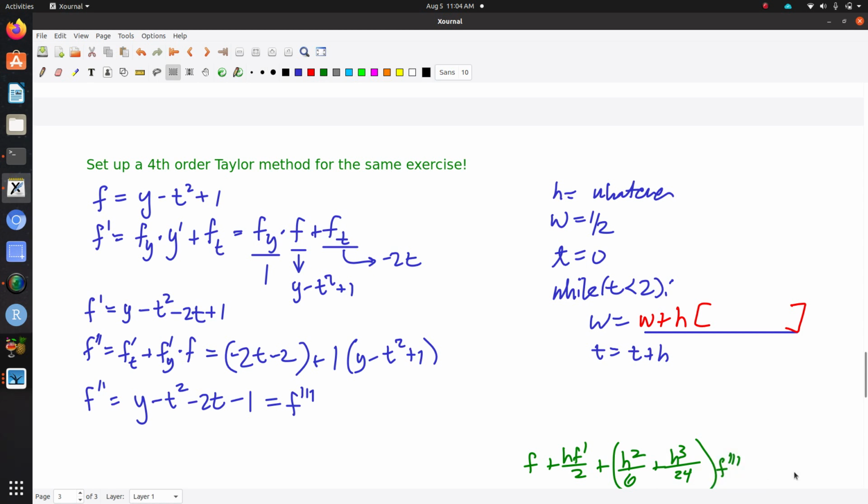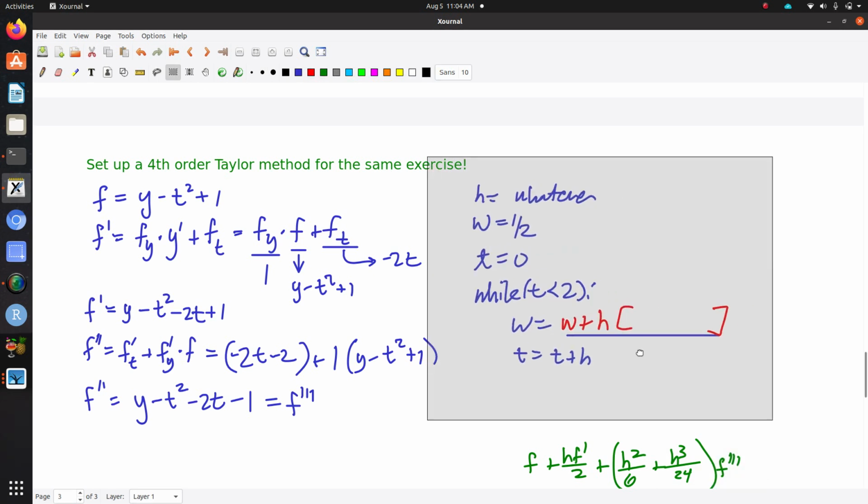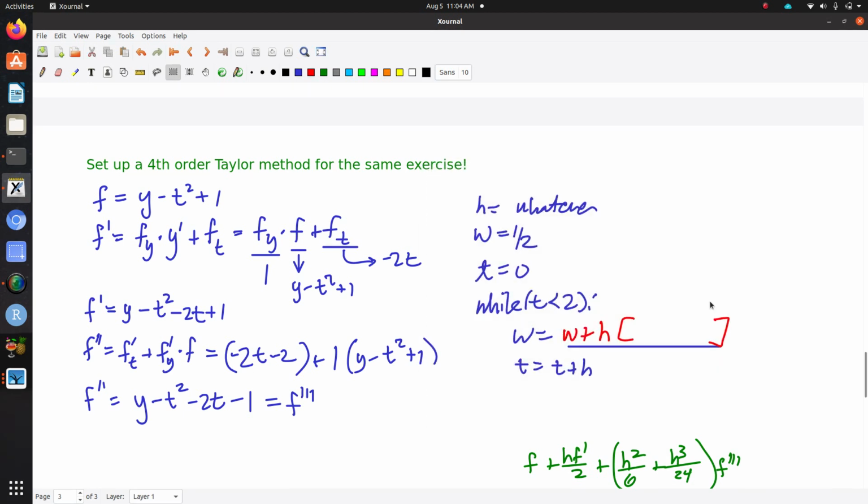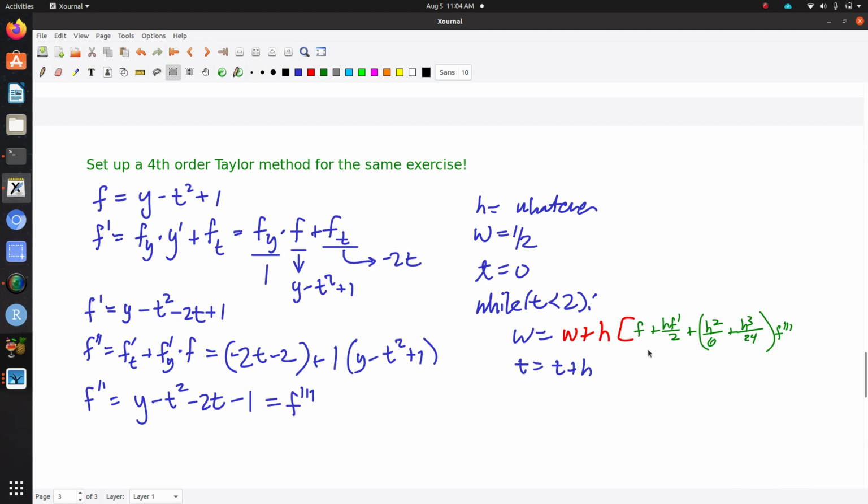And let's see, I'm just going to move this over so I can squeeze all this stuff in here. Okay, let me just double check that. Okay, and just as a reminder, if we were to chop here, this part would just give us the second order Taylor approximation that we already just did.